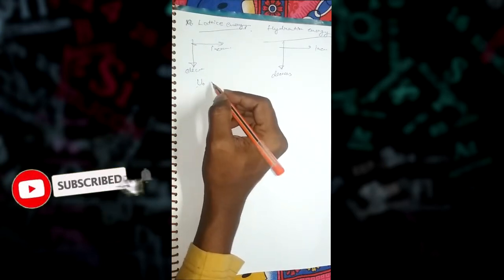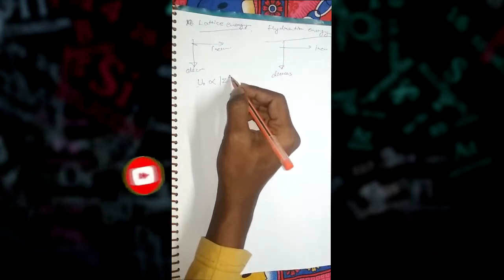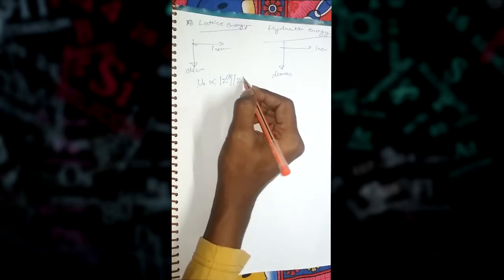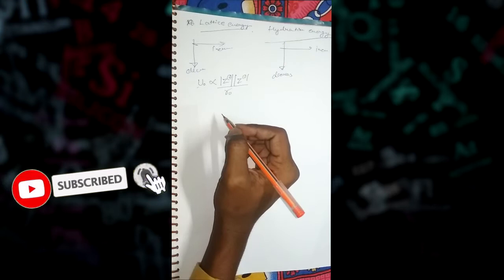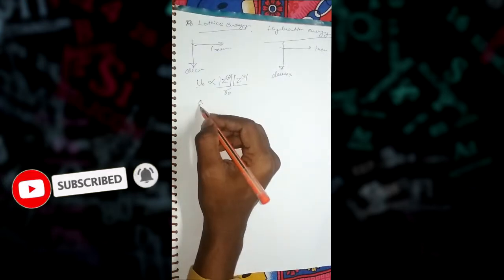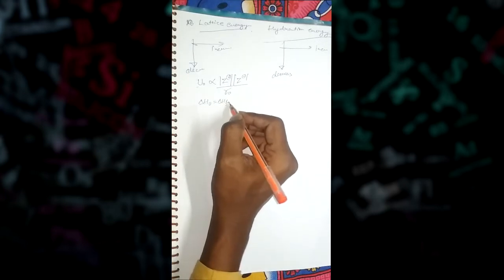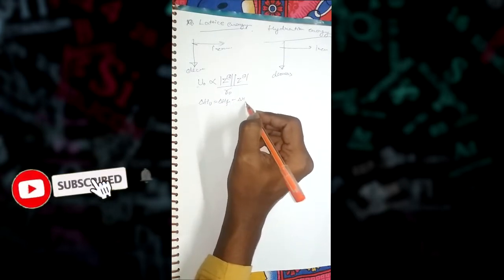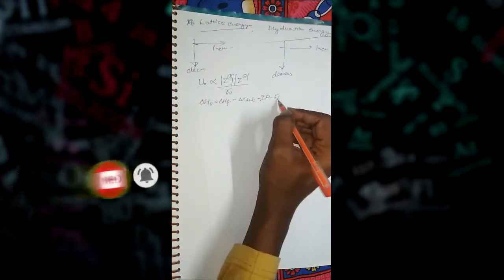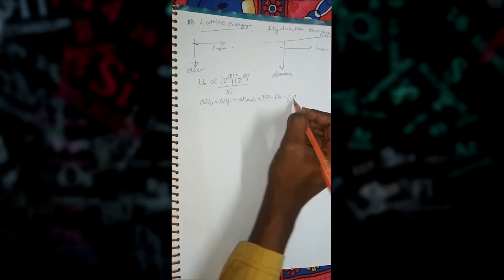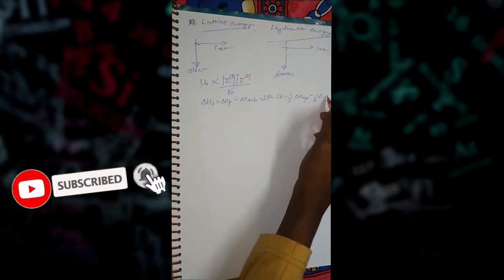U naught, that is lattice energy, is directly proportional to magnitude of positive charge into magnitude of negative charge upon radius, or delta HU equals enthalpy of formation minus enthalpy of sublimation minus ionization potential minus electron affinity minus half enthalpy of vaporization minus half enthalpy of bond dissociation.